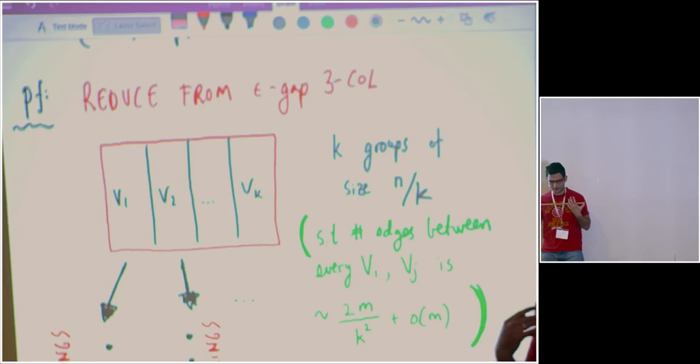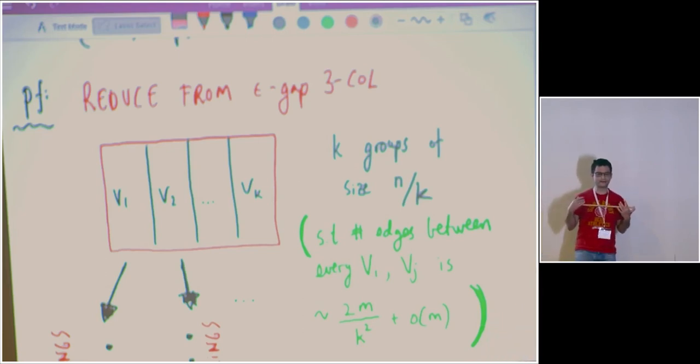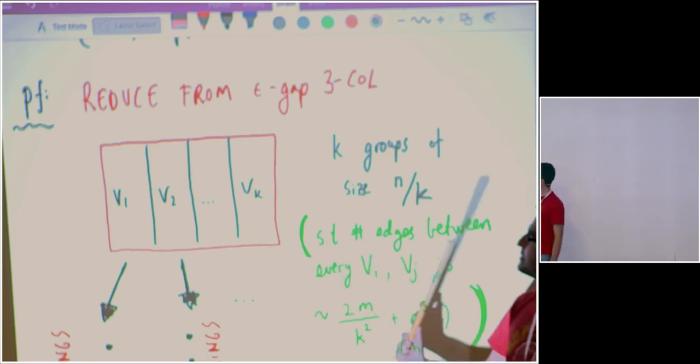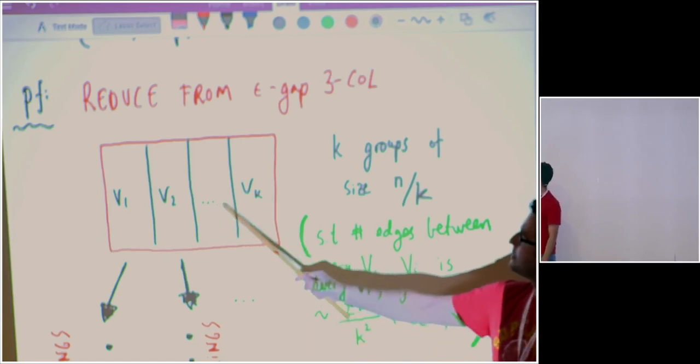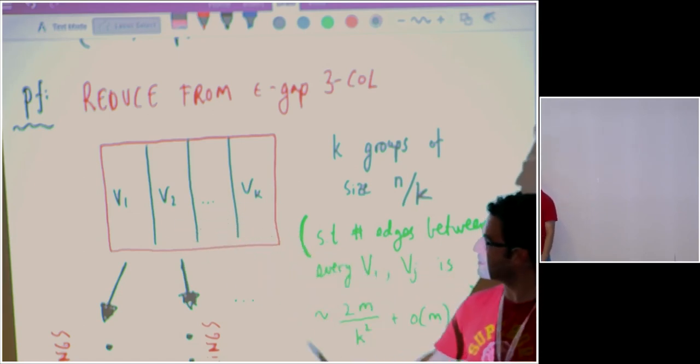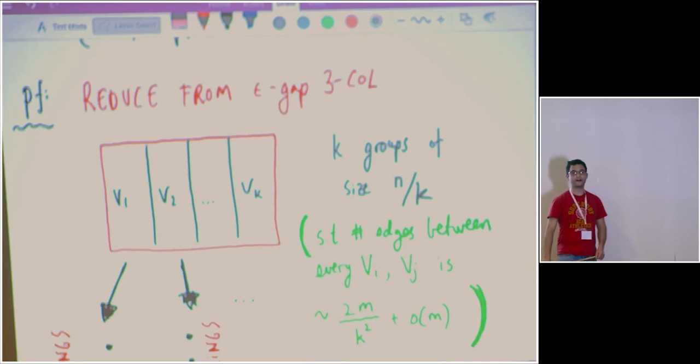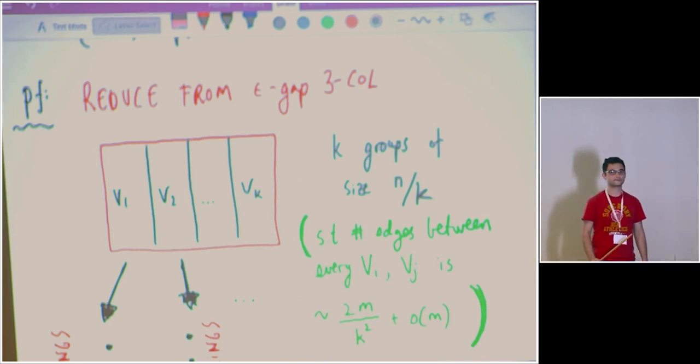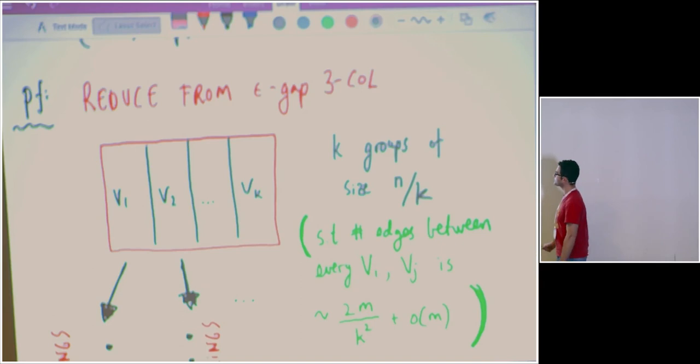And now we need one more additional property, and this is that between every pair of color classes, I want to have roughly the same number of edges. So for technical reasons, that ends up being useful. Now I'm also going to give away how to do it.